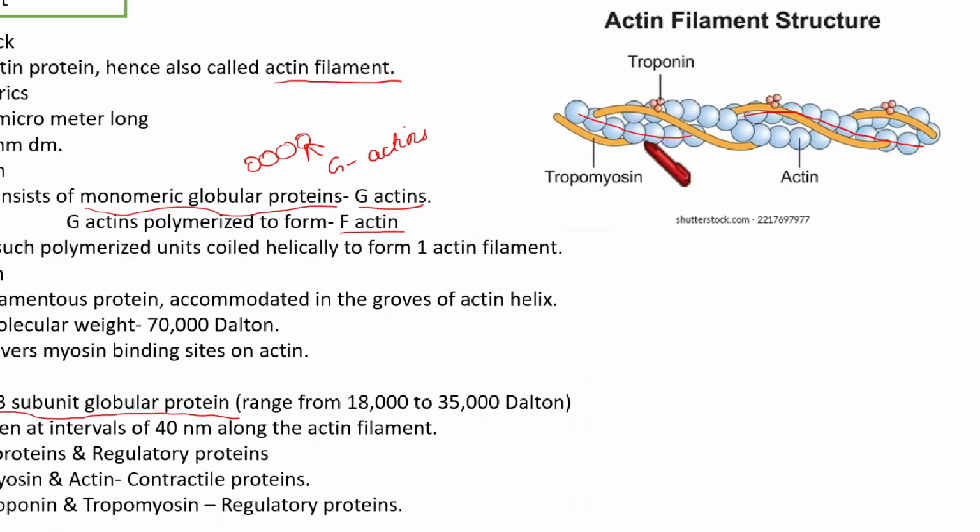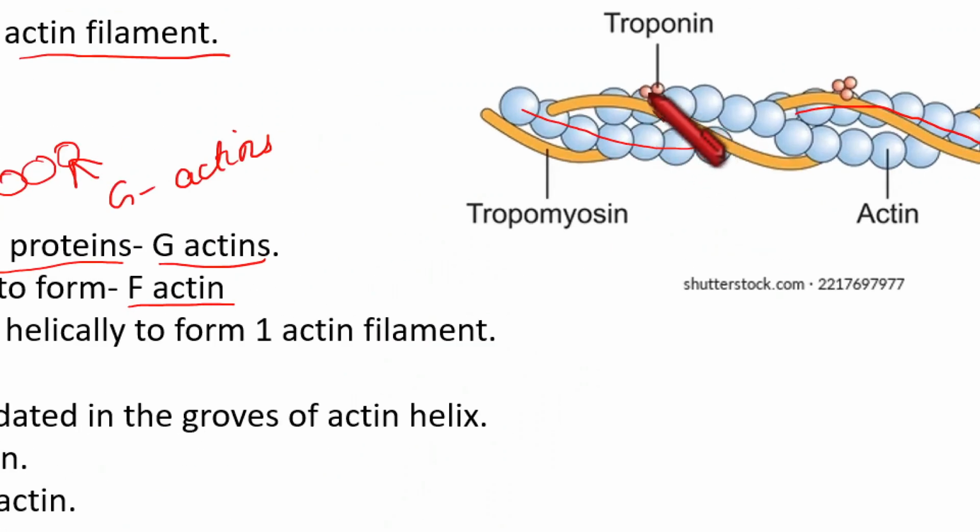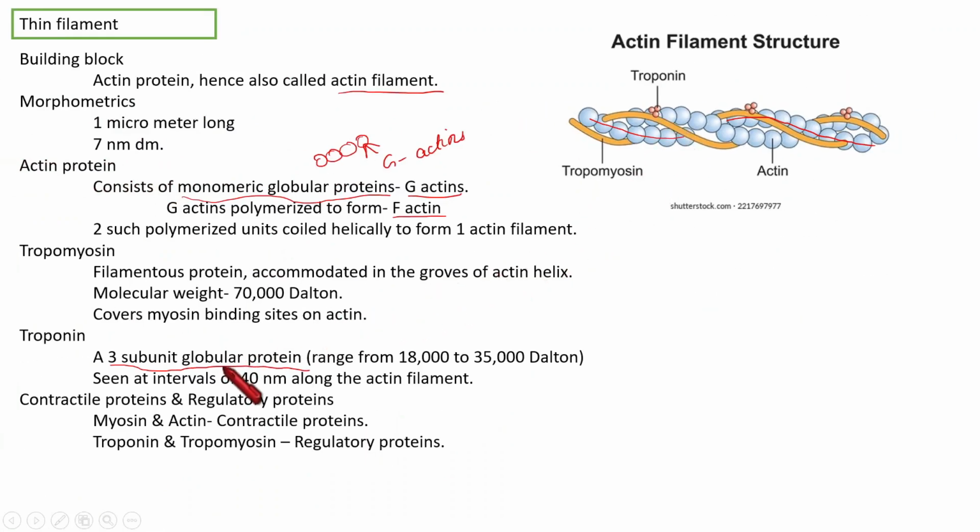Here we can see the troponin. And at what intervals can we locate a troponin protein? We can locate troponin protein at an interval of 40 nanometer along the length of the actin filament.